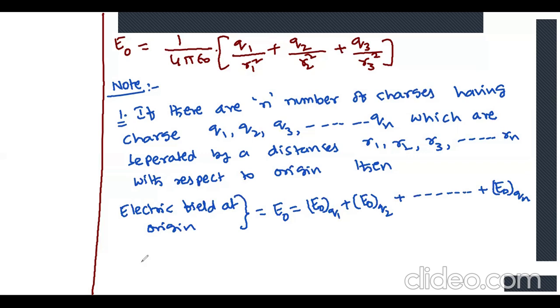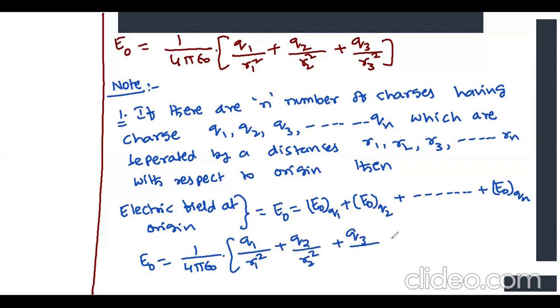So electric field at origin is 1 by 4 pi epsilon naught into Q1 by R1 square plus Q2 by R2 square plus Q3 by R3 square and so on to Qn by Rn square.